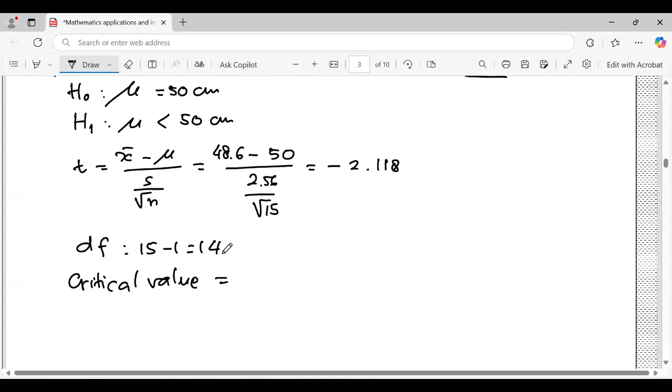Based on degrees of freedom 14 and alpha 0.05, the critical value is minus 1.761. So we are in the rejection region.